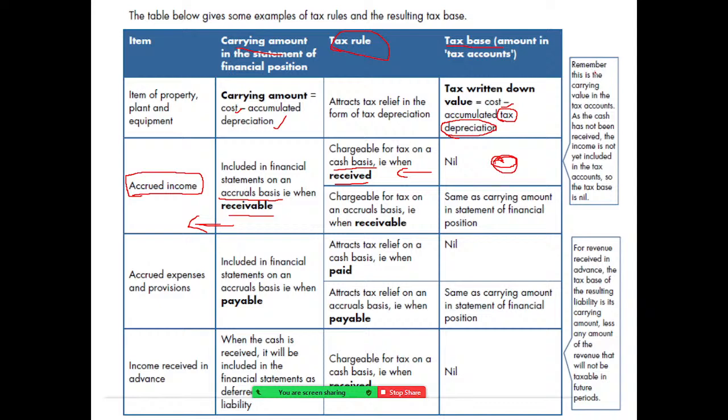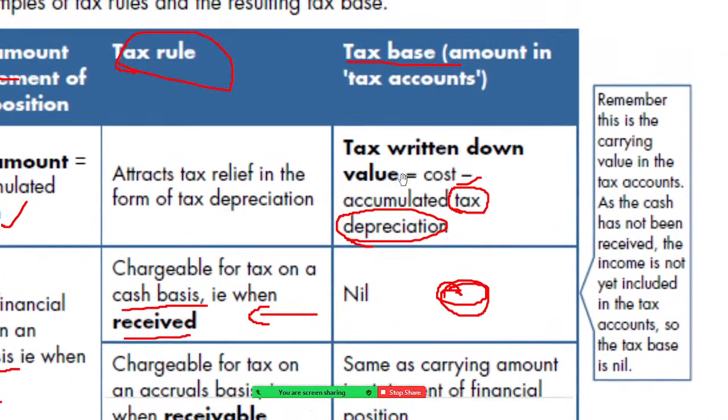So what's the reason? The reason is, remember, this is the carrying value in the tax accounts. We are dealing with the tax account. So this amount is not yet received. So in the tax account, it doesn't know whether there is any income or not.